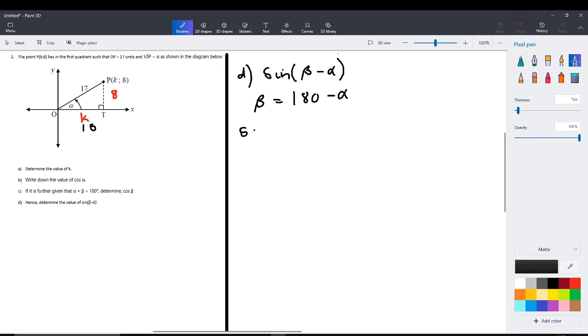So we're going to look for sine of 180 minus alpha minus alpha. Simplify this. This is equal to sine of 180 minus 2 alpha. And that looks like a reduction formula. This is actually equal to sine 2 alpha.